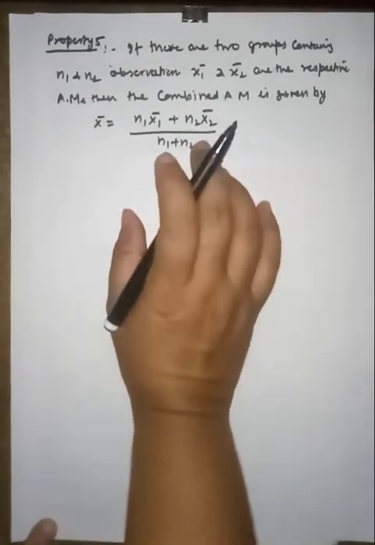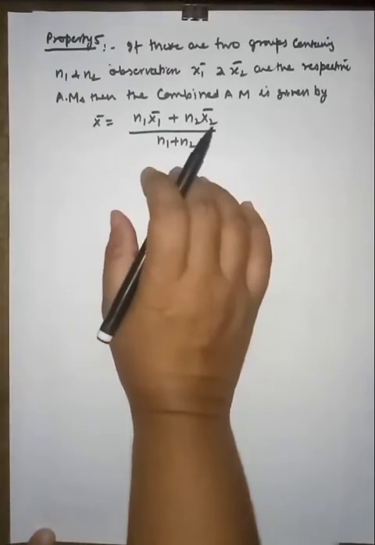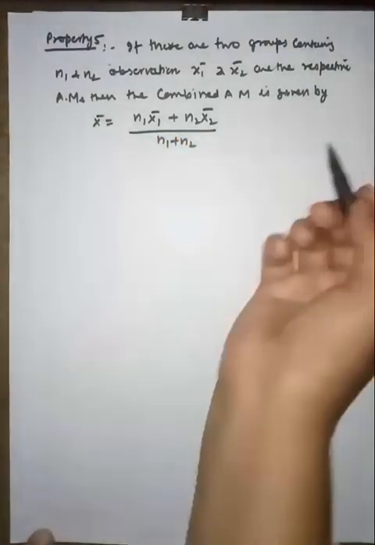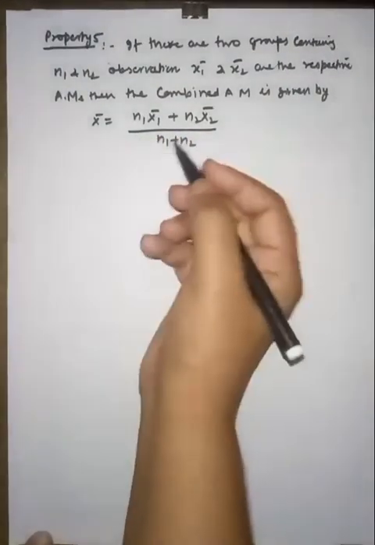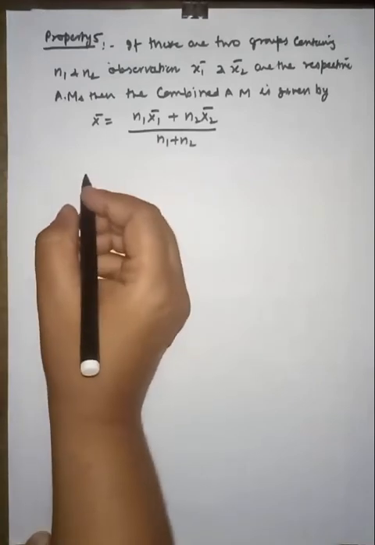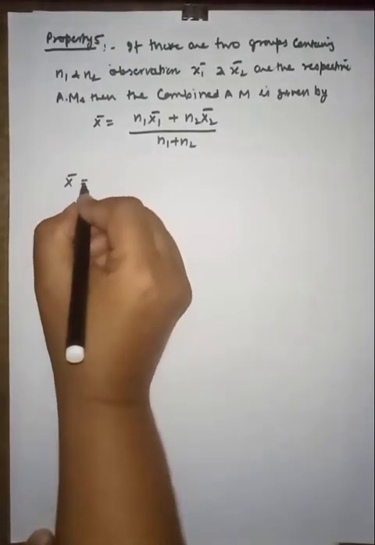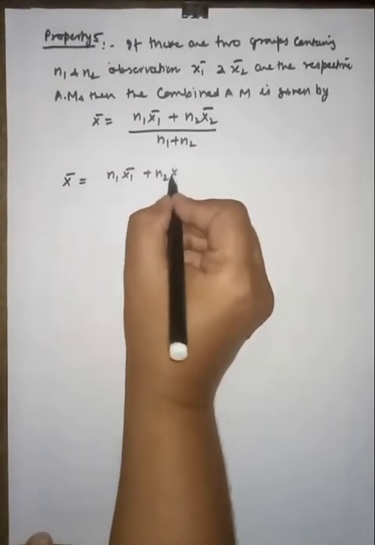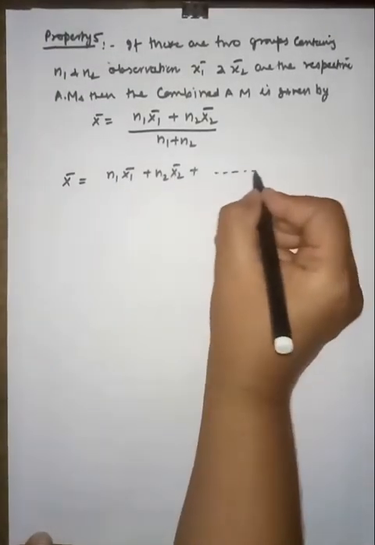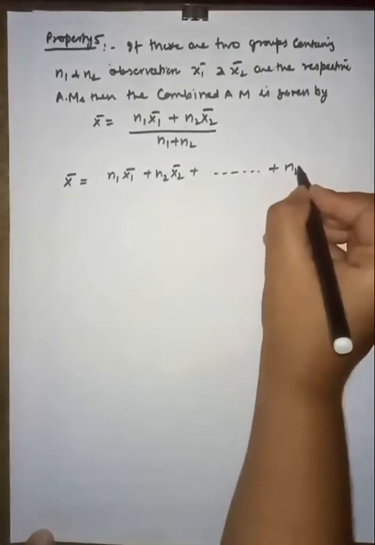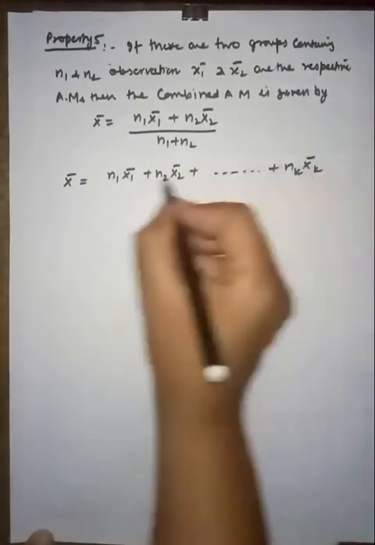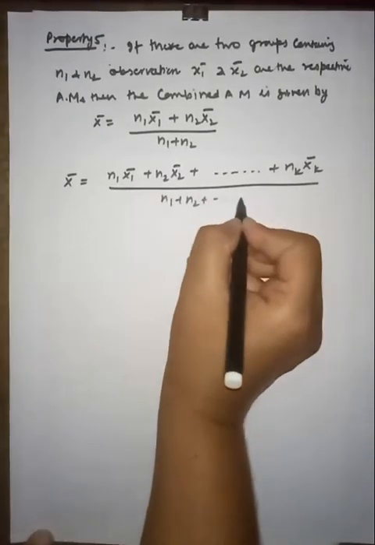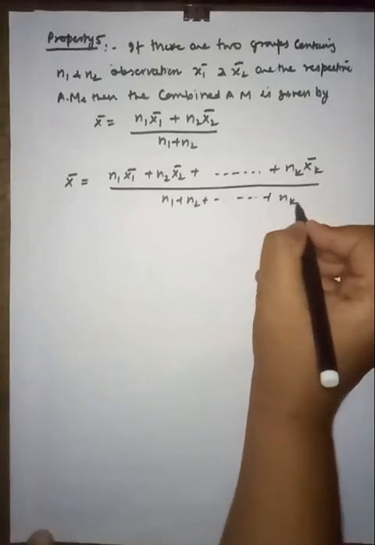So this property for two groups can be extended to more than two groups, and we may write it as x bar equals n1 x1 bar plus n2 x2 bar, till nk xk bar, upon n1 plus n2 plus so on up to nk, right?